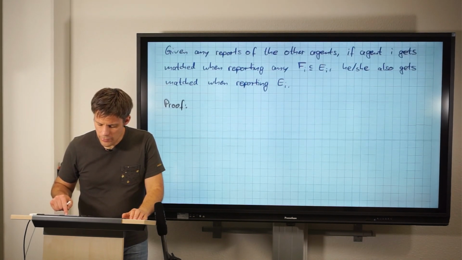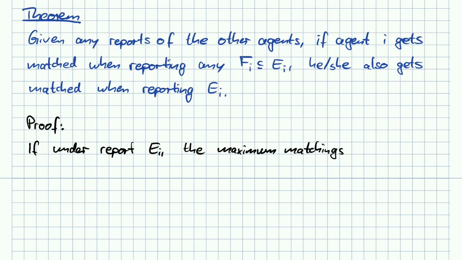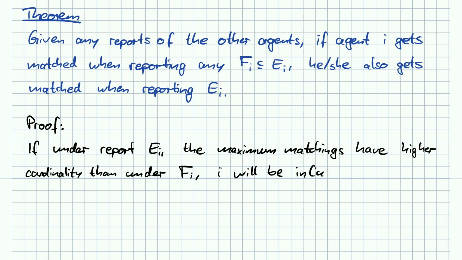So let's write this down more formally. So if under report Ei the maximum matchings have higher cardinality, then under Fi, I will be included in every maximum matching.